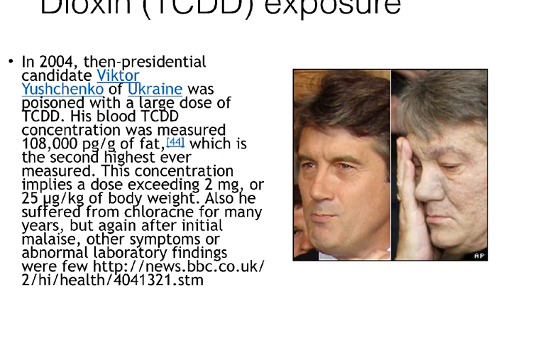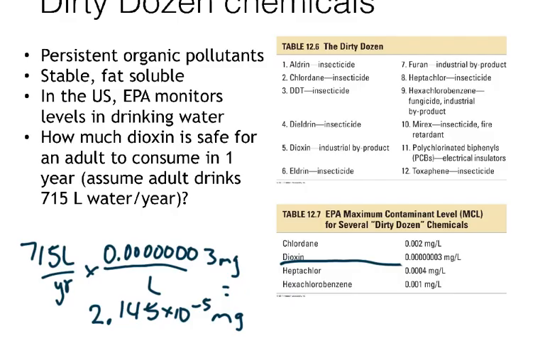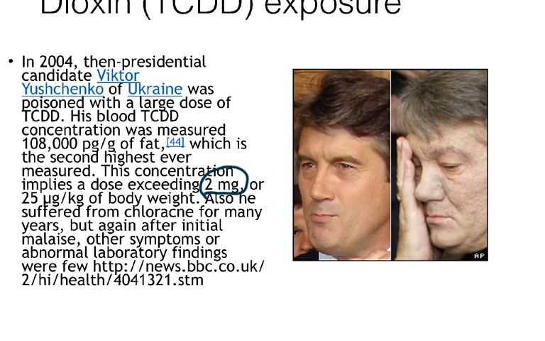He measured a concentration of 108,000 picograms per gram of fat, which indicates a dose exceeding 2 milligrams. And we just calculated that the safe level for a human in a year is 2.145 times 10 to the minus fifth milligrams.